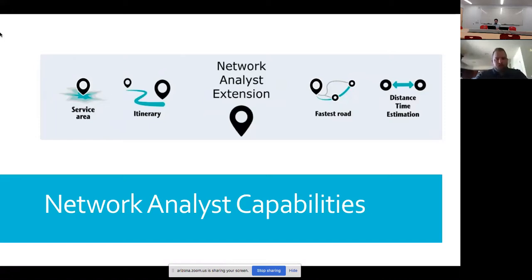Those customized service areas are really great when working with data like the data that I had, and I determined those 5 and 10-minute thresholds based on prior studies and the literature review.